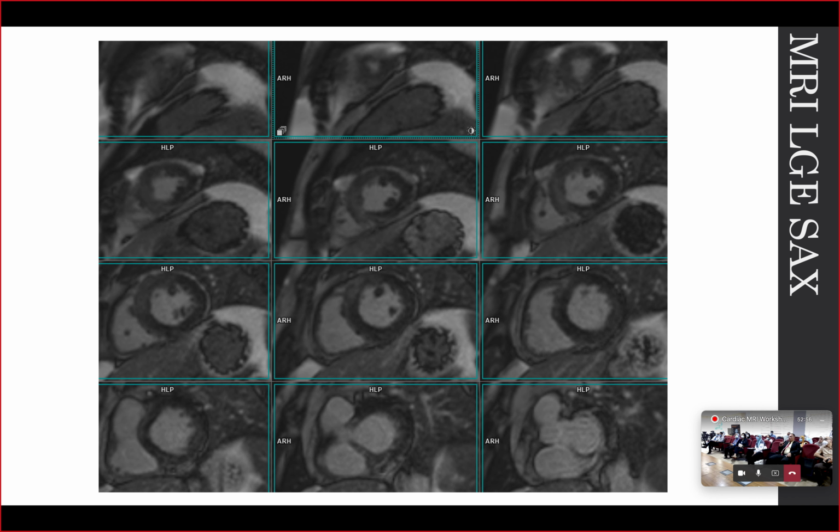Anteroseptal. Exactly the same location and the same territory where we saw the edema, right? Would you describe this as ischemic type of late gadolinium enhancement or non-ischemic type of late gadolinium enhancement? Because in this case, it is the clue whether this is an ischemic type or non-ischemic type.